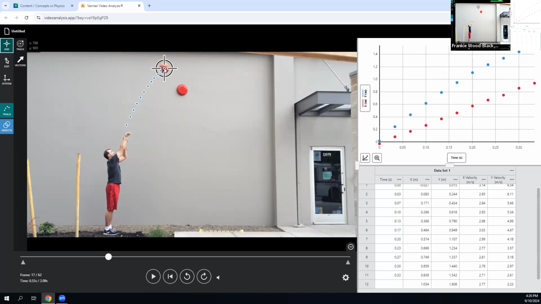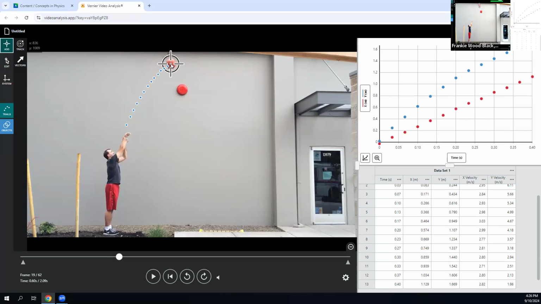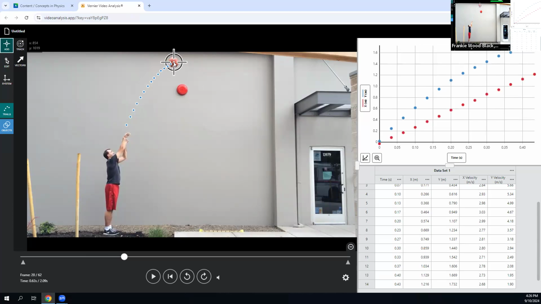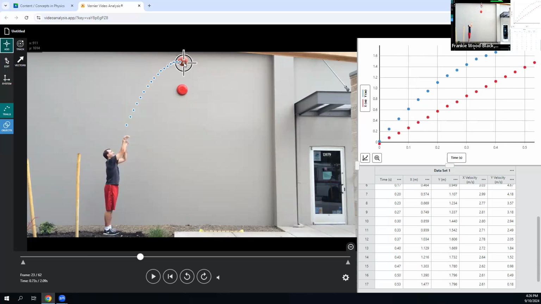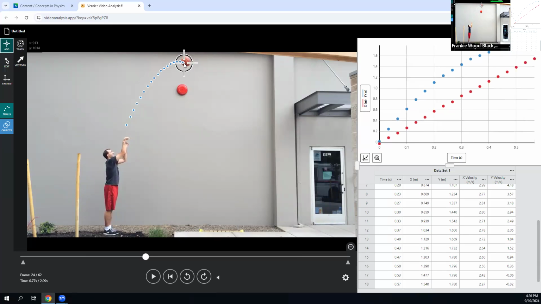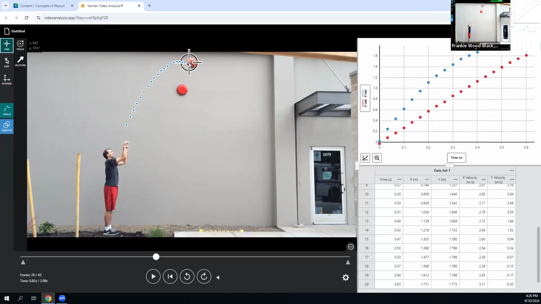So as you start thinking about what you want to video, the bigger the object, the little easier it is to kind of get data.